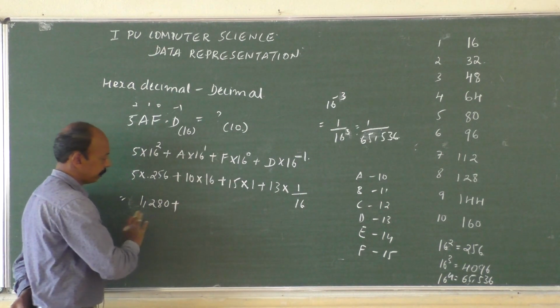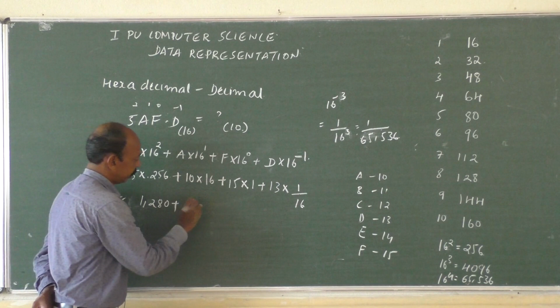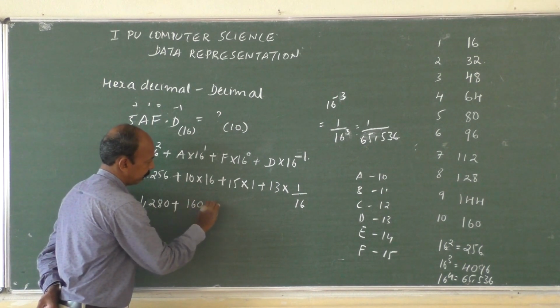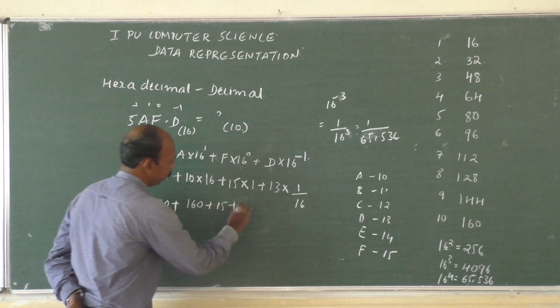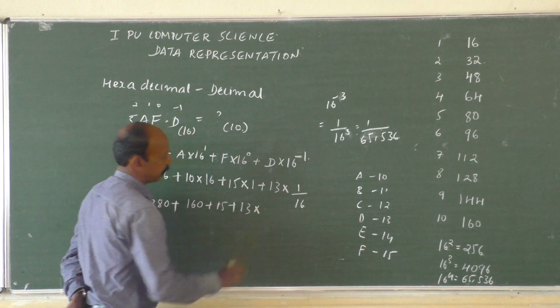Since I don't have the time, I will directly write the number. This will be 160 and this will be 15, plus 13 into 0 point something.